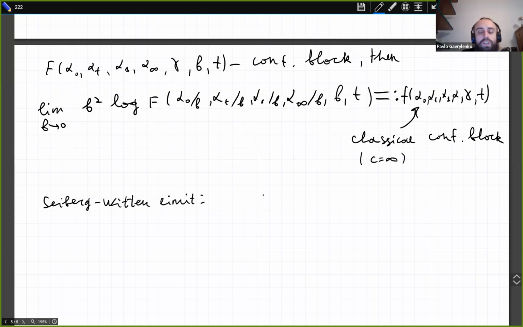So in that case, C was fixed, and deltas were sent to infinity, like 1 over epsilon squared delta, maybe delta tilde.